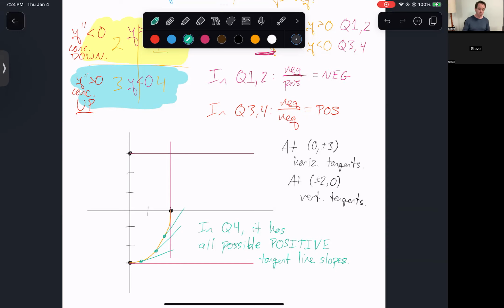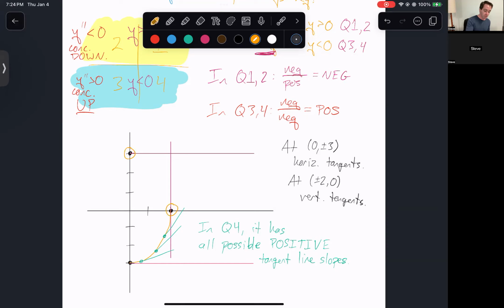You probably know what's coming. In quadrant 1, it goes from having a horizontal tangent line here to having a vertical tangent line there, but now it does it in reverse. So it must have this sort of shape in the 1st quadrant.